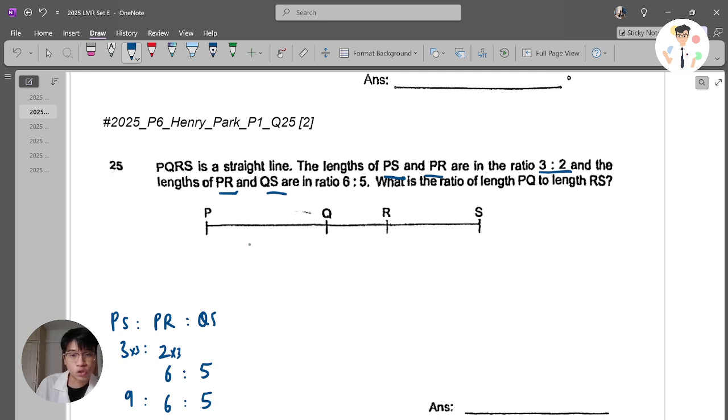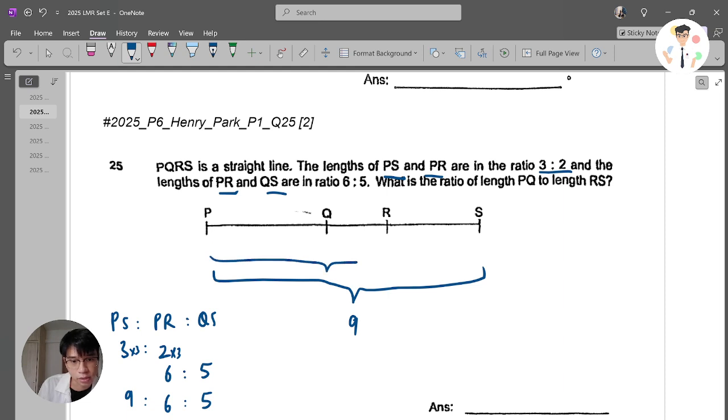So I know that P to S, here to here, is supposed to be 9. P to R, here to here, is 6. And I obviously know that here to here is 9 minus 6, which is 3.